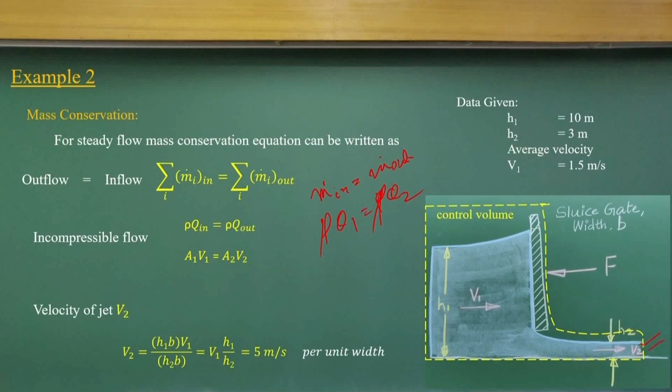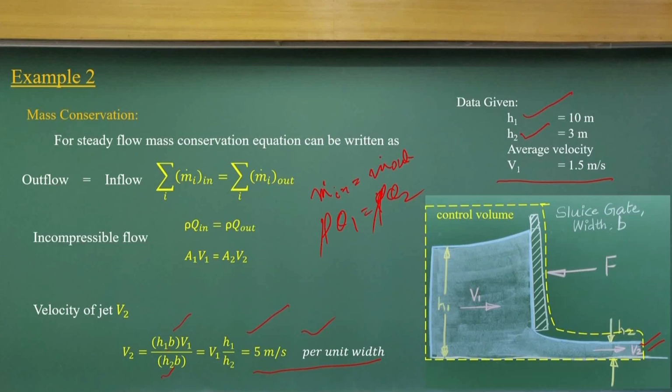So, you know h1, h2. You can consider a unit width perpendicular to this surface, then the b will be cancelled out, or you can consider width b, and then you can compute the velocity. If I substitute h1 equal to 10 meters and h2 equal to 3 meters, the average velocity comes out to be 1.5 meters per second, and as the depth of the flow reduces, the velocity increases.